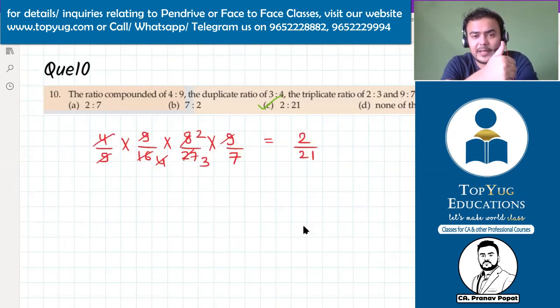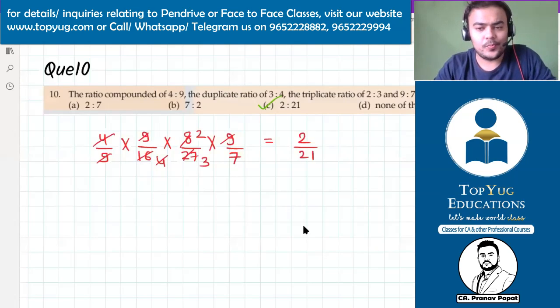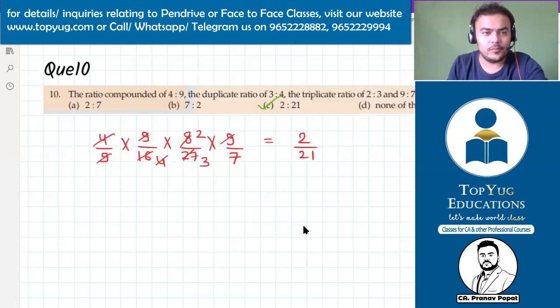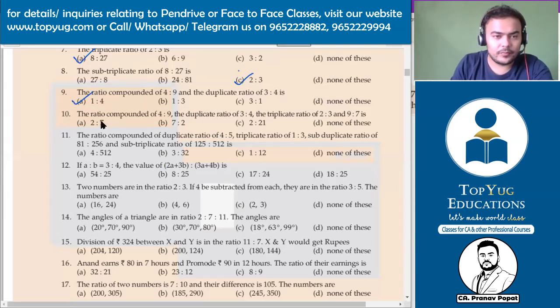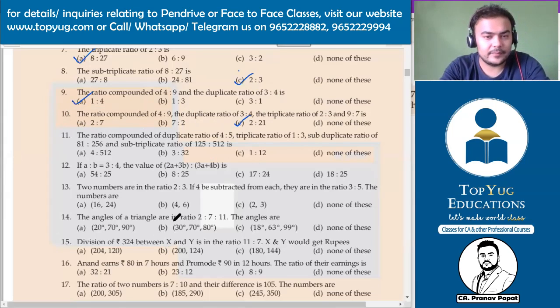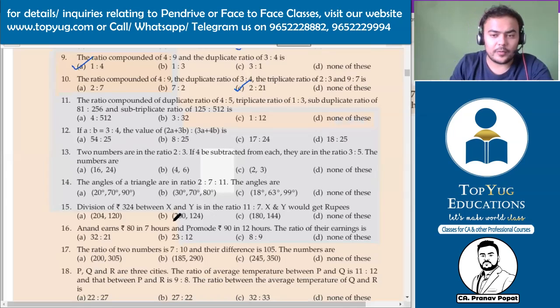Okay. Any problem in this question? Question 10. Any problem? No. Now 11. Now you need to do 11. Do it now. Question 11th.